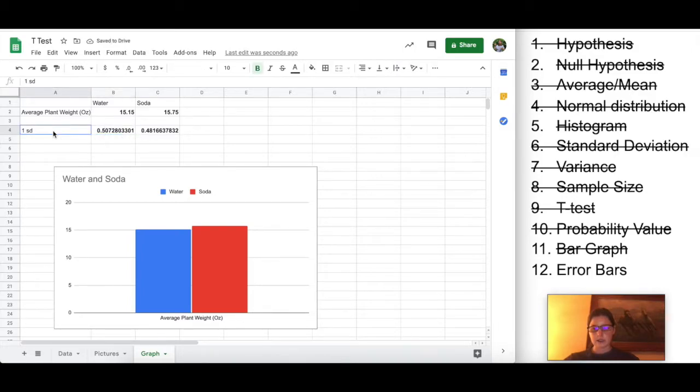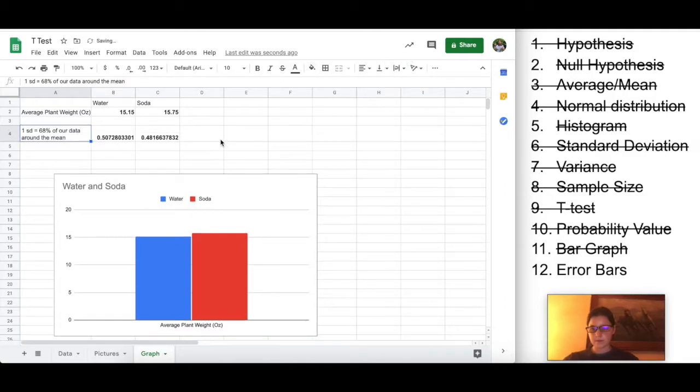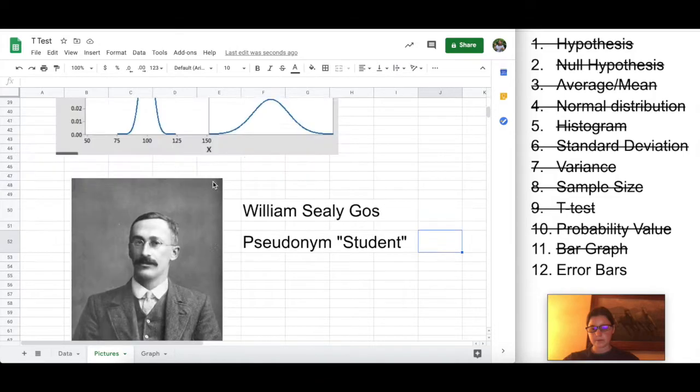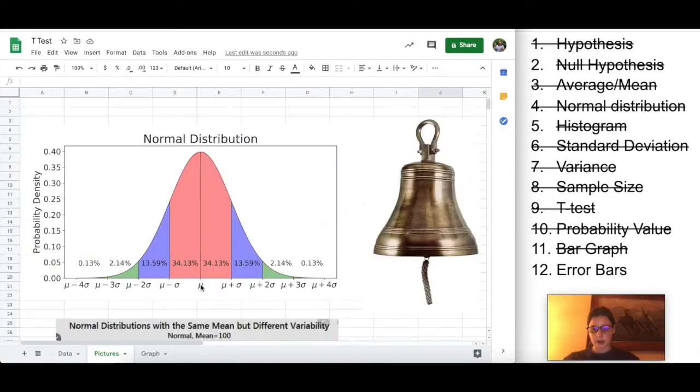And we know that one standard deviation is equal to 68% of our data around the mean. Because when we looked at this picture back here, we saw mean minus 1 standard deviation plus 1 standard deviation, and that range is 68% of our data.